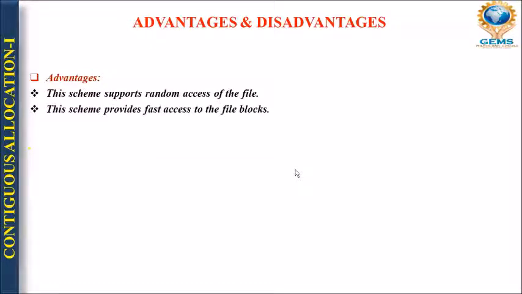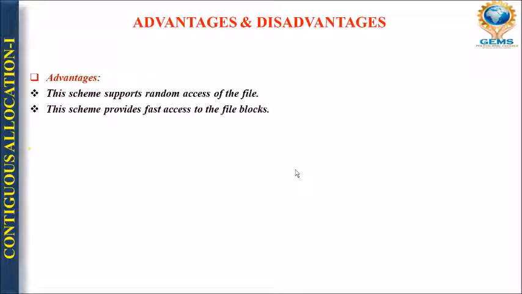Okay, so let's talk about advantages and disadvantages. First, it supports random access of the file. Very true. According to the diagram, you can see that the file is not stored in sequential fashion of the blocks.